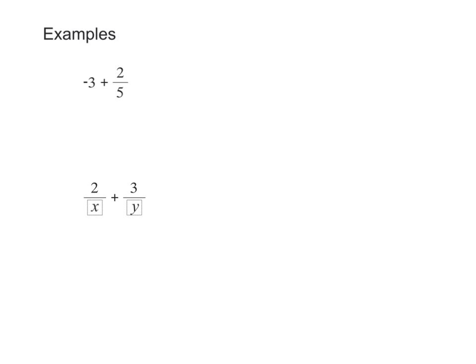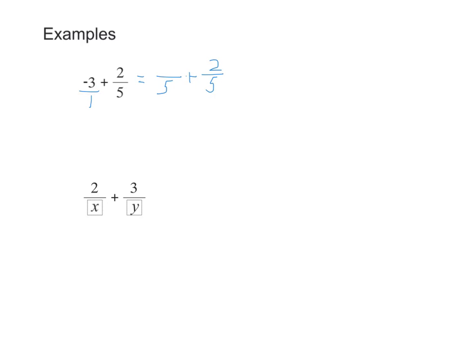Now let's look at some things that are a little bit more challenging that don't quite follow the same pattern. Like this first problem where we have a number, a whole number, an integer, plus a fraction. What we want to do is think of this as a fraction. So the common denominator would actually be 5. That means the second fraction will not have to change at all.